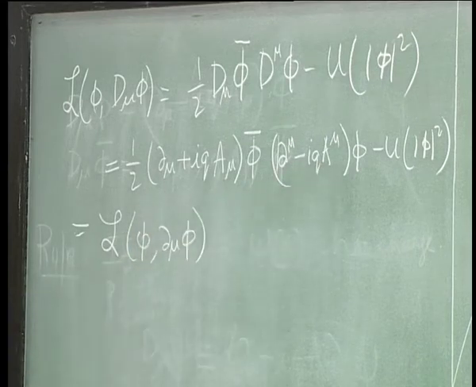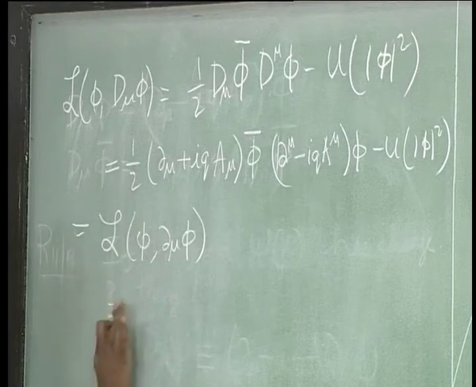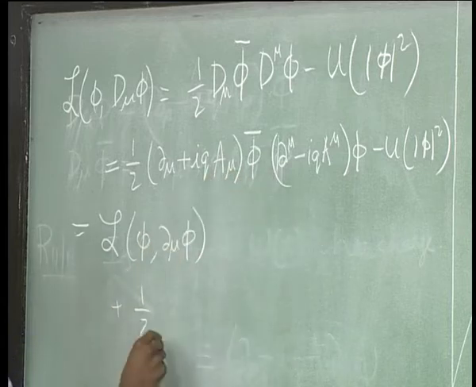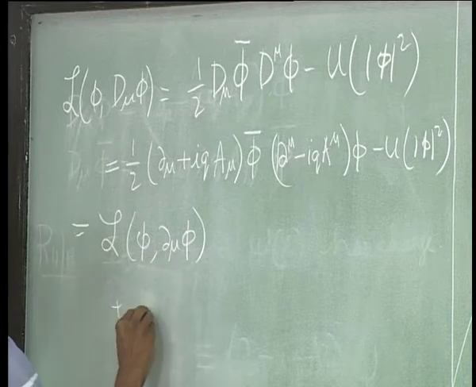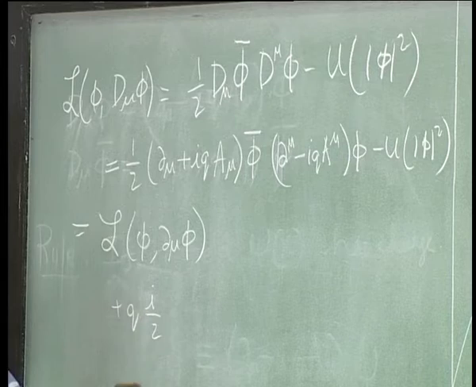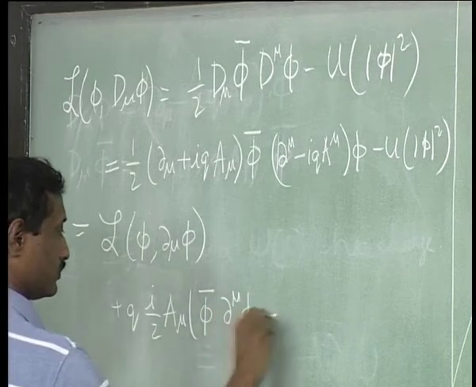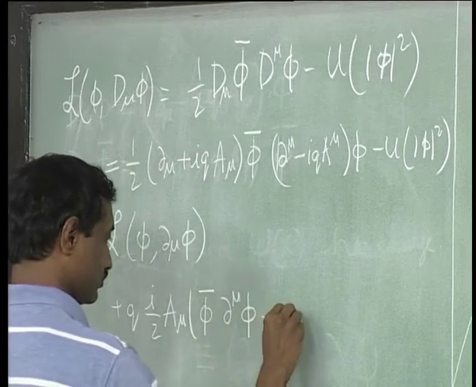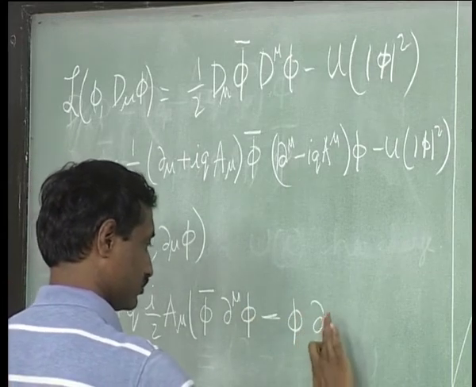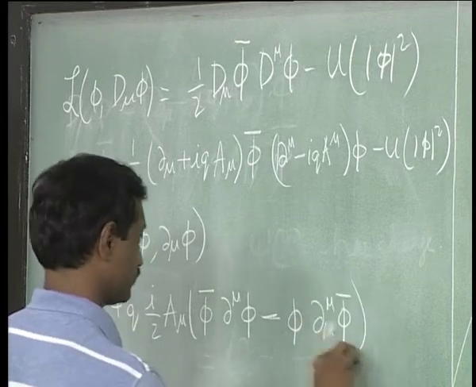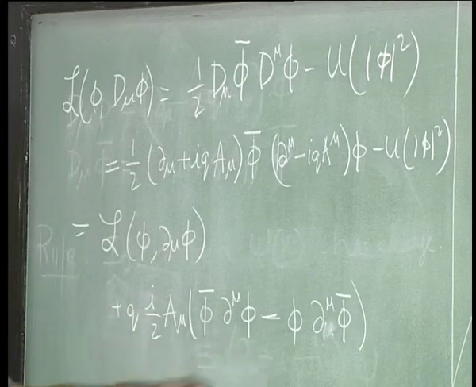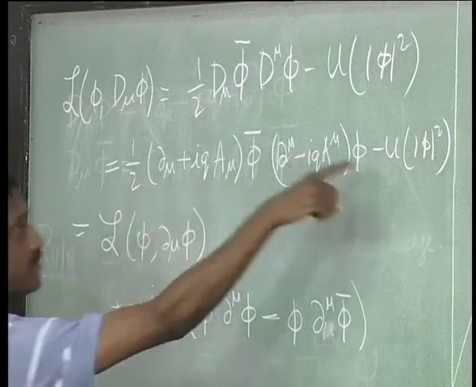So, let us write that out. This is the linear piece, and then there is a quadratic piece which is just with this.